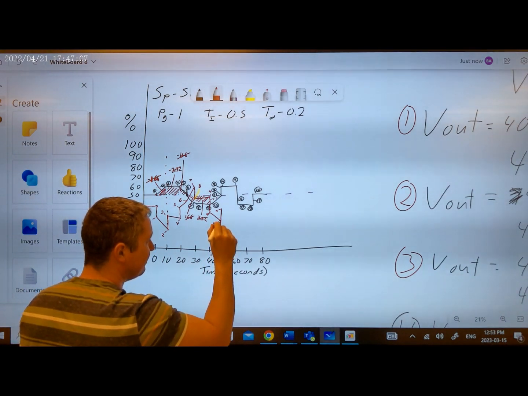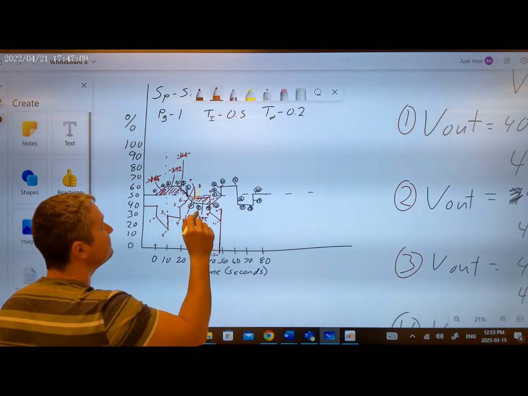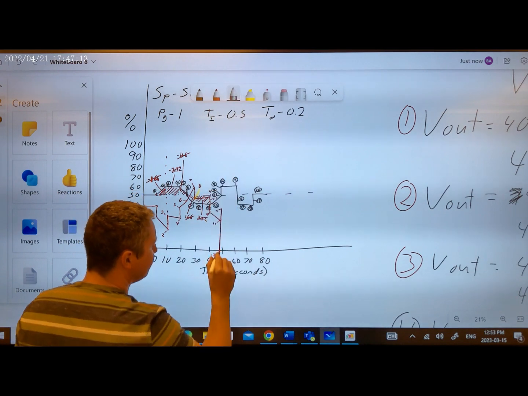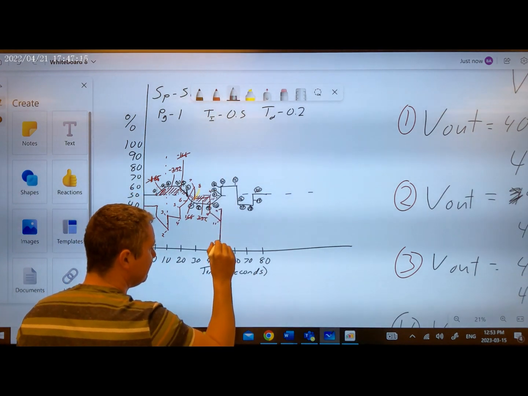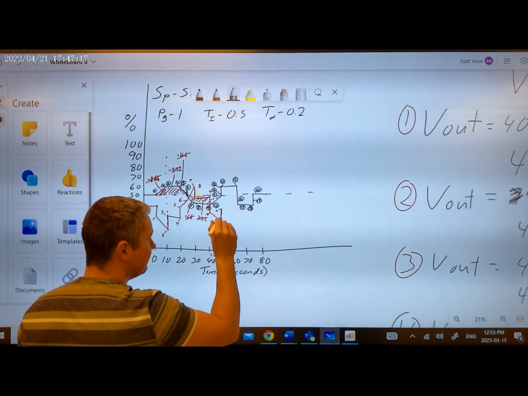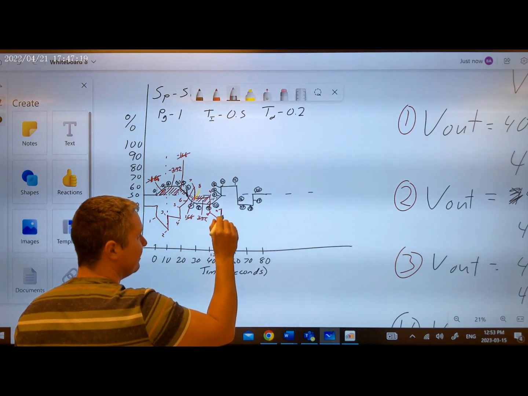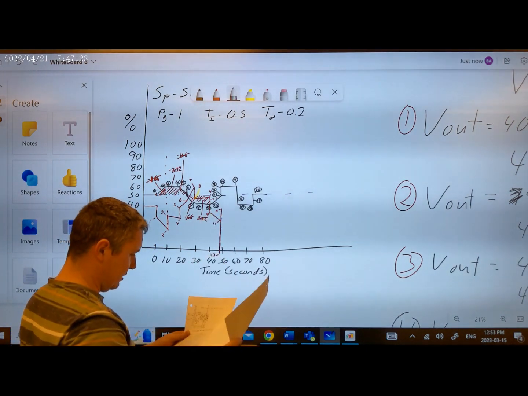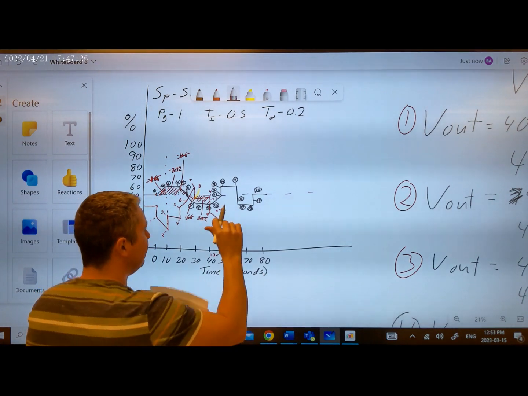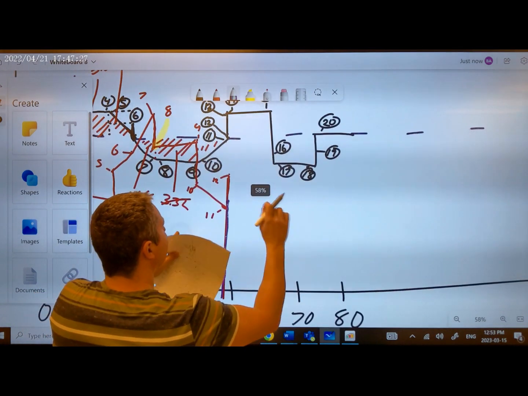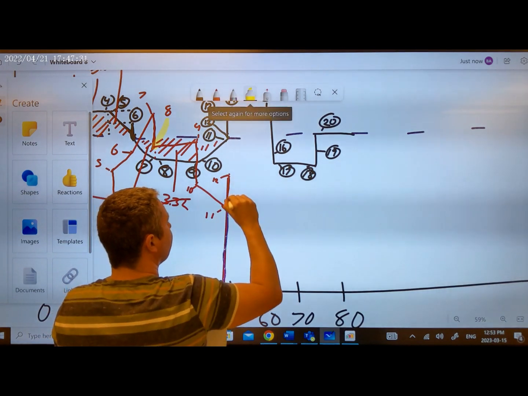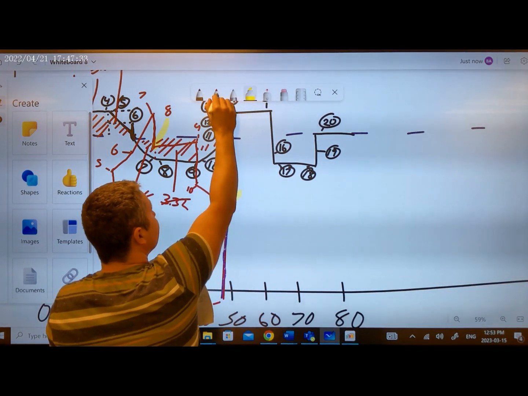Right there to point 30. I'm going to put a different color here just to show that it comes back up to point 30. And that is our, now let me see here. We're going to be going in that direction. So that is our 14.